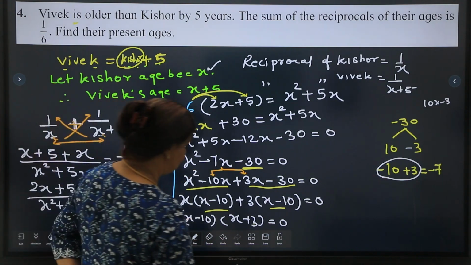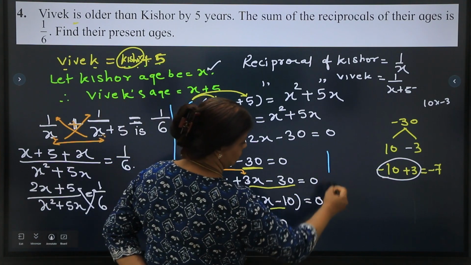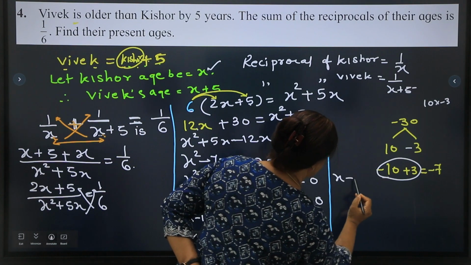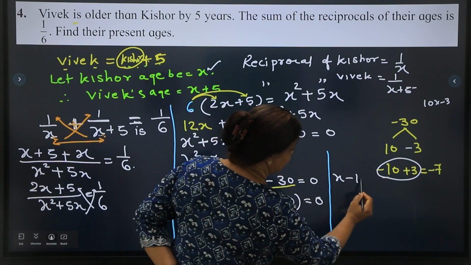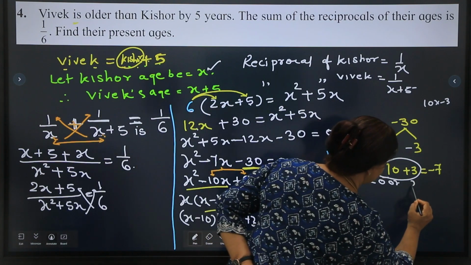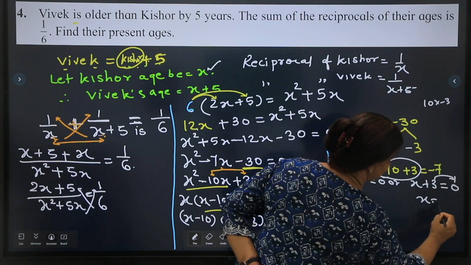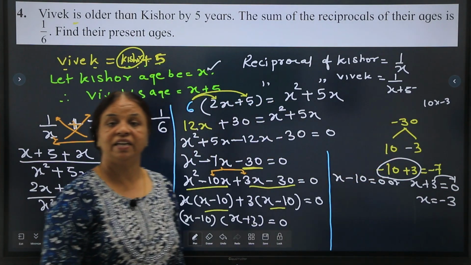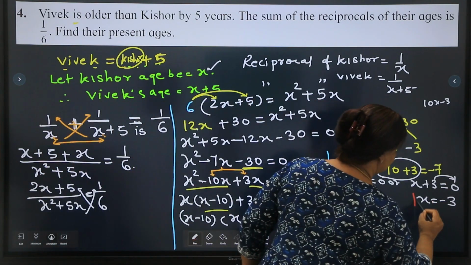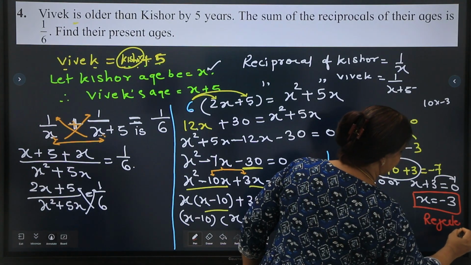So x minus 10 is equal to 0, or x plus 3 is equal to 0. 3 will go there, x will be equal to minus 3, and this will be rejected, children. x is equal to minus 3 will be rejected, and why is it rejected? Because it is a negative number.